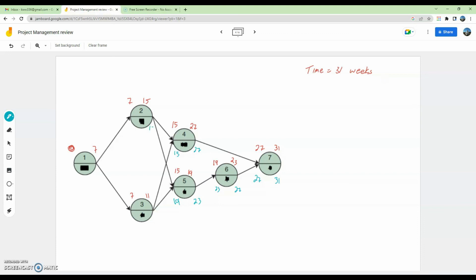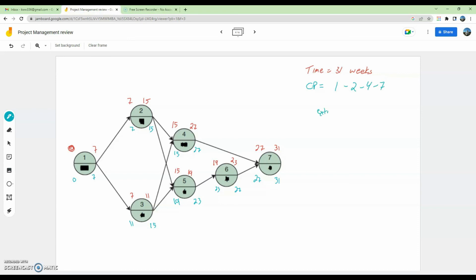So this is going to be 15 here, which makes that 7. Same thing with activity 3, 15. That's going to be 11. And activity 1, 7 and 0. So the critical path is still the same. It hasn't changed.